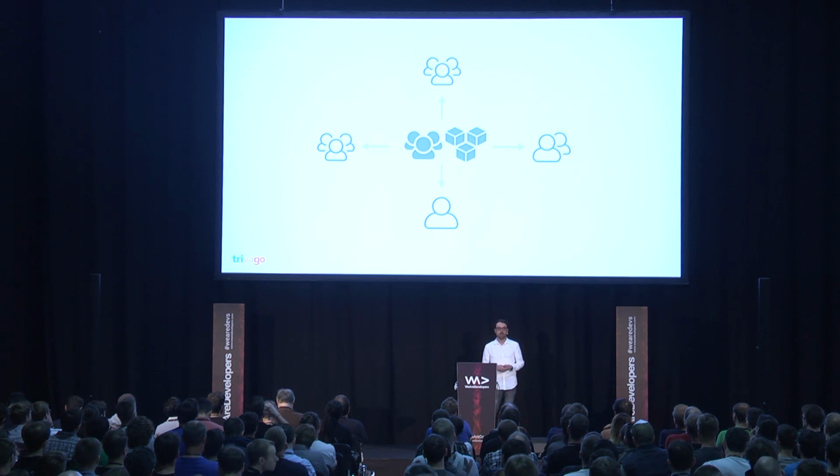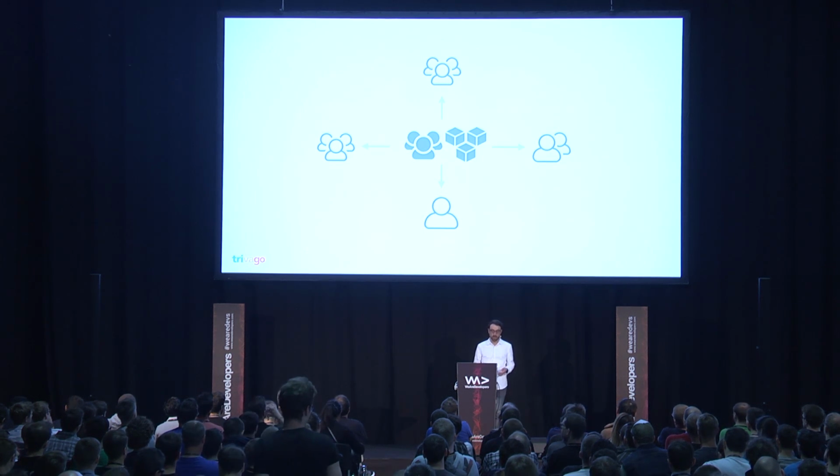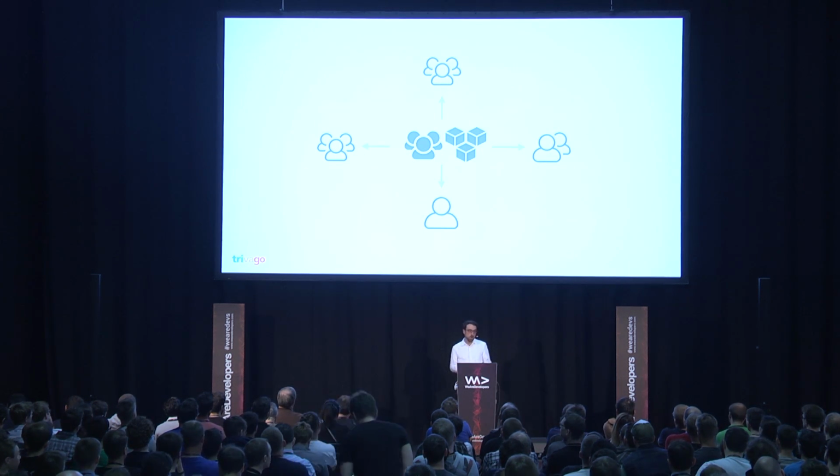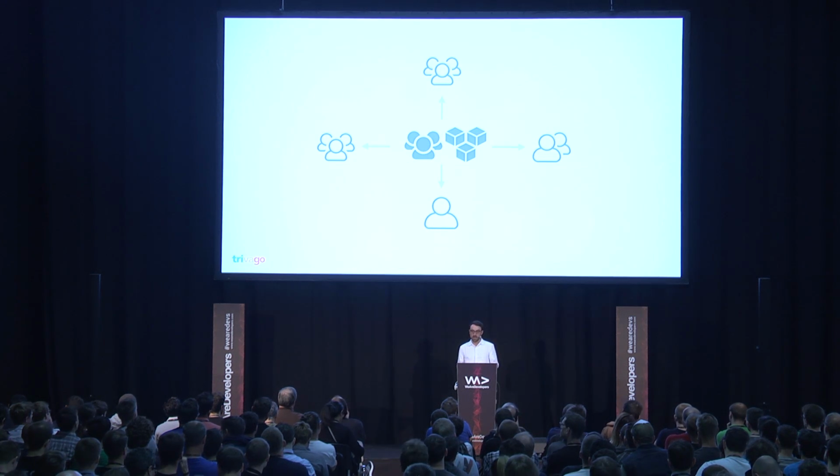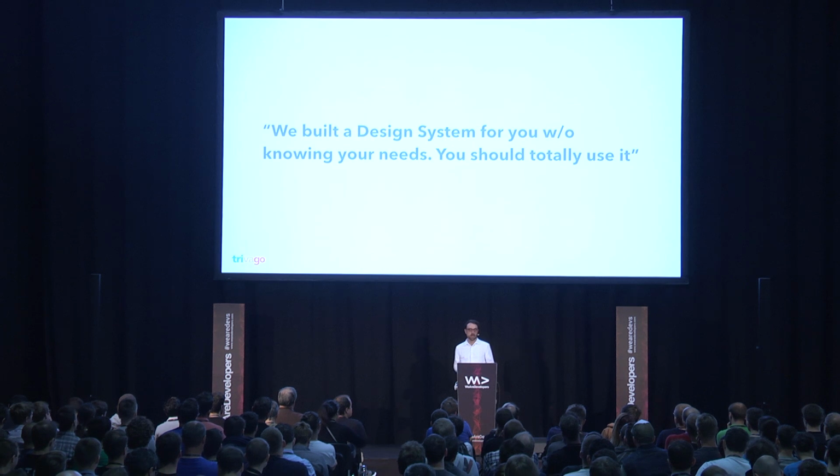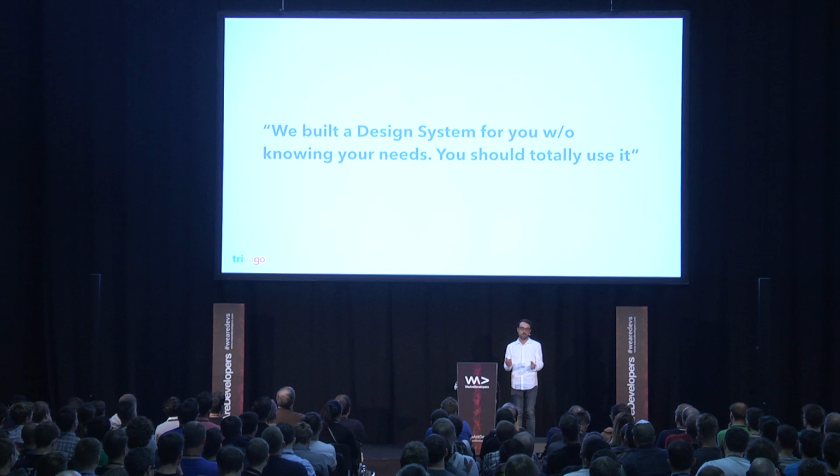Then we moved over to a more centralized approach with the two teams I showed before. It worked very well for the refactoring and for the initial version, but it didn't really scale because we built a design system without knowing the concrete needs of the feature teams themselves.